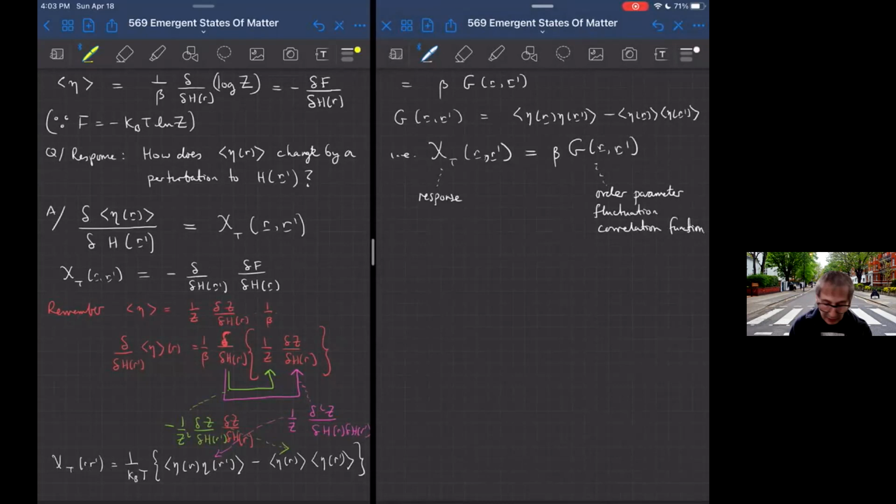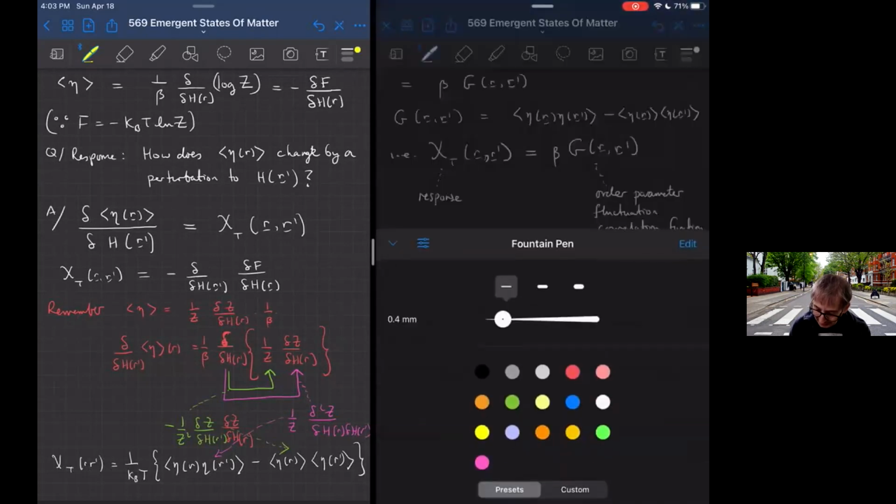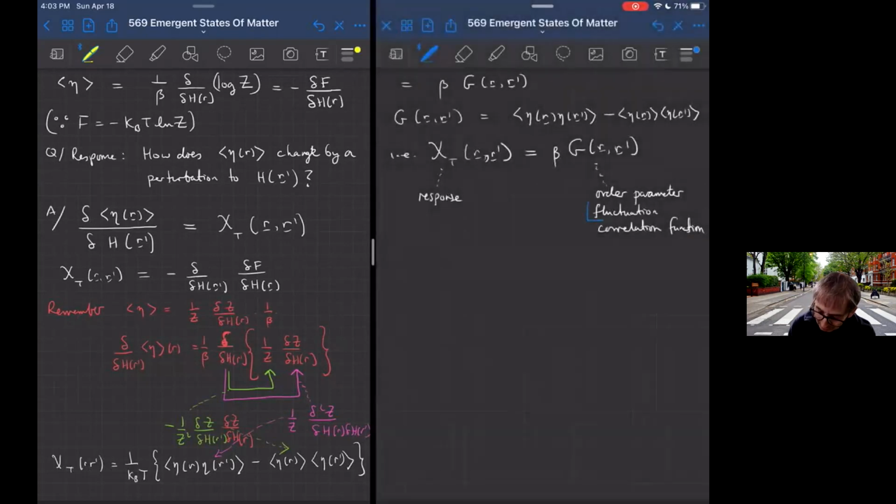Now notice that what I've said in here is I've made the point that this is the order parameter fluctuation correlation function, not the correlation function itself. And why do I say that? Well, I want you to check this again. I can write G as the following.